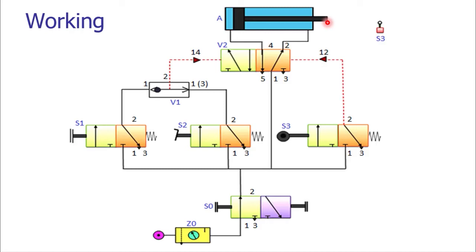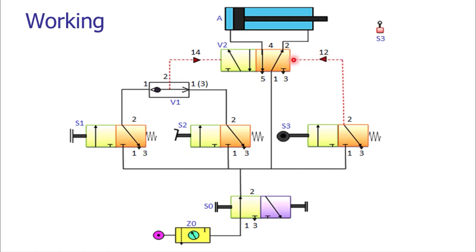When the piston rod is getting ramped on the roller, that roller lever valve will be actuated. As you can see here, the roller lever valve will be actuated. So port number 1 will be connected to the input port, and that is giving the pilot pressure for the retraction.